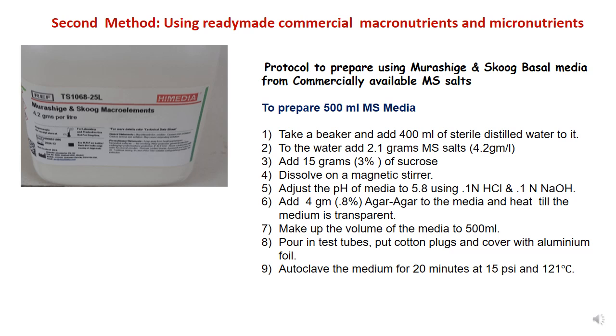Here you can see the picture: this is a HiMedia salt of Murashige and Skoog macro elements, and they are saying that if we take these macro elements, or macronutrients, then we have to take 4.2 grams per liter. Similarly, they have micro elements or micronutrients. When we are using the commercial salts, we can just take according to the instructions which are given on the bottle, and we can prepare the media.